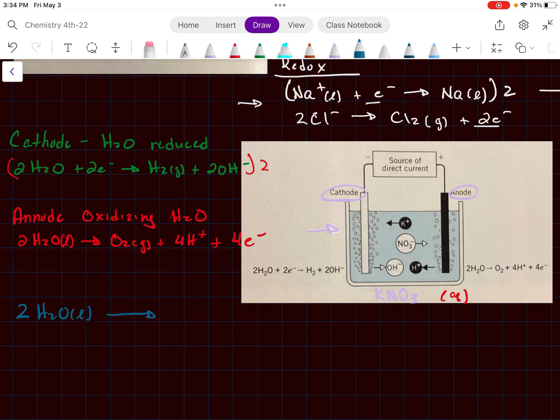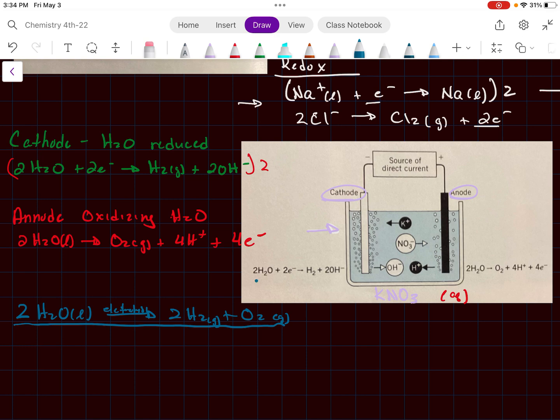Electrolysis happens here, right, to form 2H2 plus O2 gas. This is also gas, okay? So this would be the net ionic equation that happens in the voltaic cell when you're working with an aqueous solution, okay? In this case, you can take a look at the diagram.